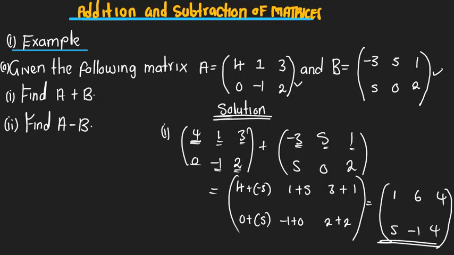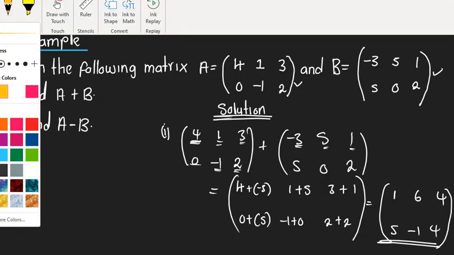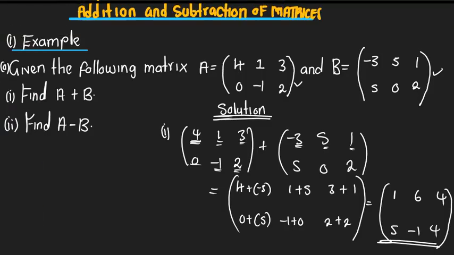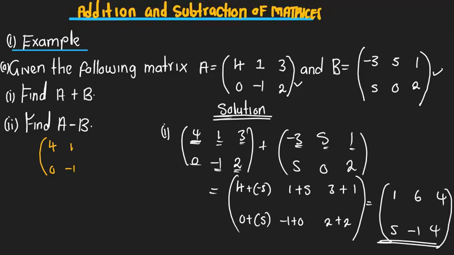I'm going to get my matrix A. So this is going to be my matrix A. 4, 0, 1. Sorry, this is going to be negative 1. Negative 1, 3, 2. I'm subtracting it from B.